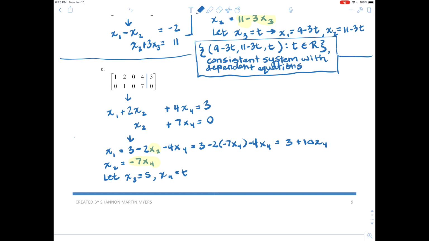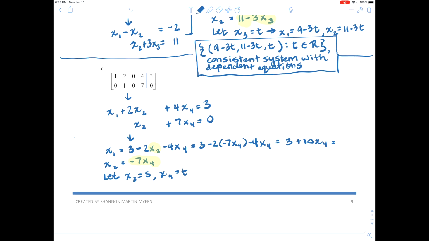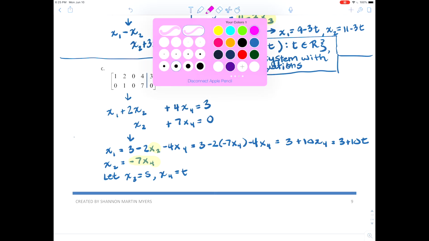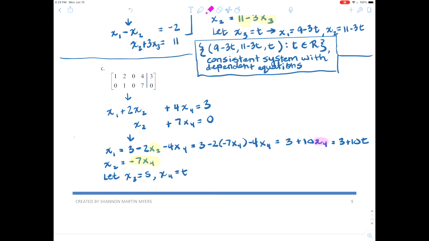So this will give us, for the first one, x1, this in turn is going to give us 3 plus 10t. Are we okay there? All I did is I replaced the x4 with the t. And then x2 is going to be negative 7t. Same reason.